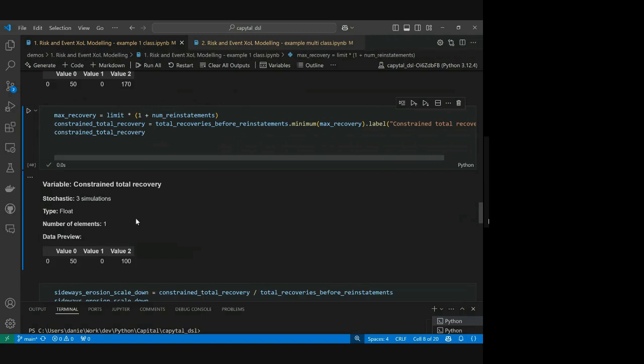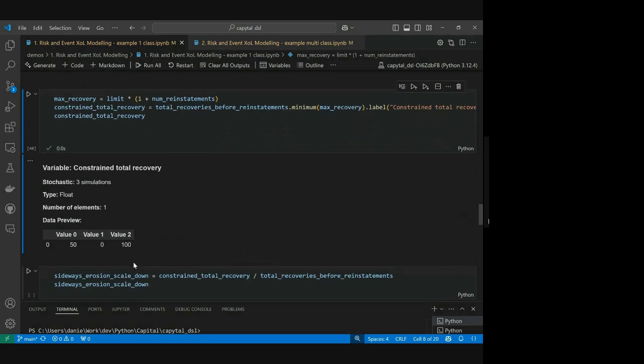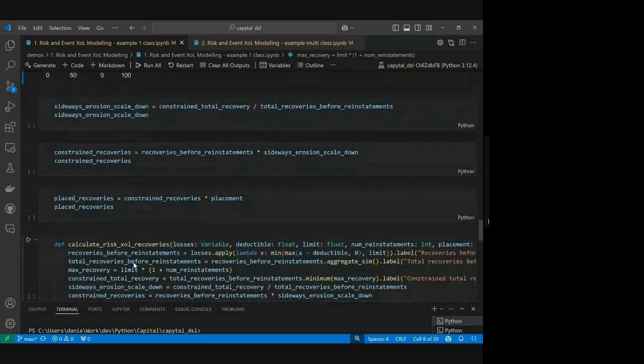So here you can see in the first simulation, we weren't constrained because we were only naturally recovering 50, which is okay inside our single limit of 100. But in the third simulation, we would have naturally wanted to recover 170 across the various risk losses that have happened, but we're constrained to just recovering 1 exhaustion of the limit.